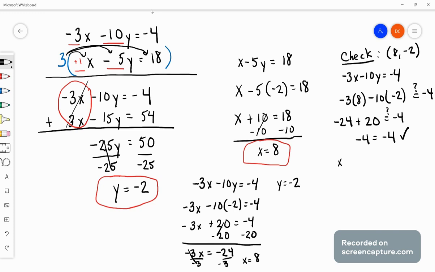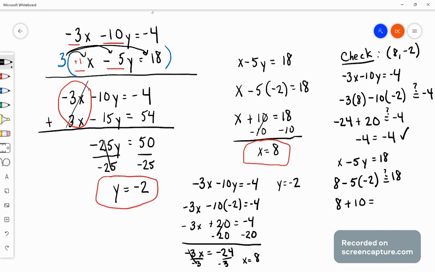Now, again, we want to check the other equation. So our other original equation was x minus 5y equals 18. Again, we're going to use our solution set. So we have 8 minus 5 times negative 2, and we're going to check if that equals 18. Now, negative 5 times a negative 2 is a positive 10.